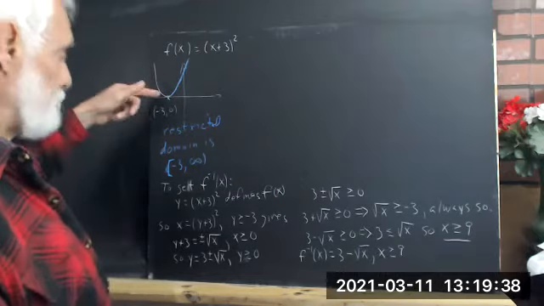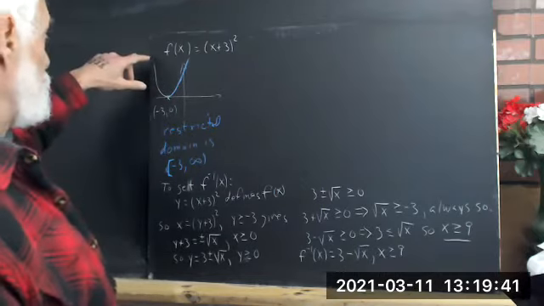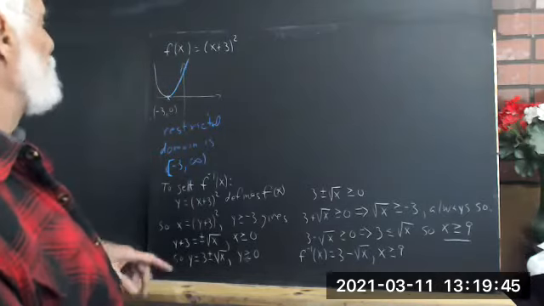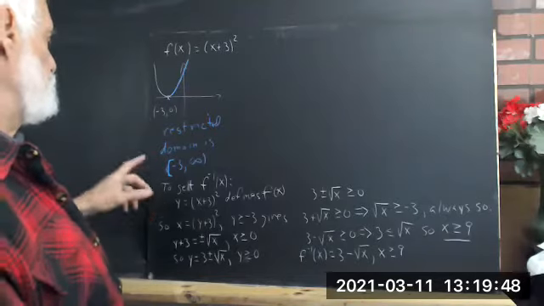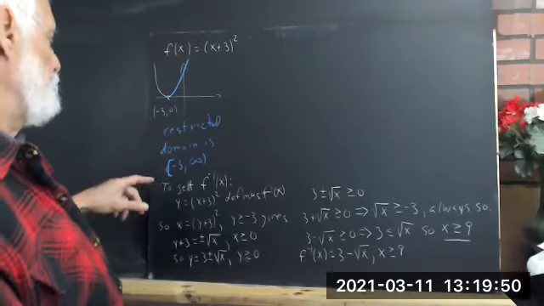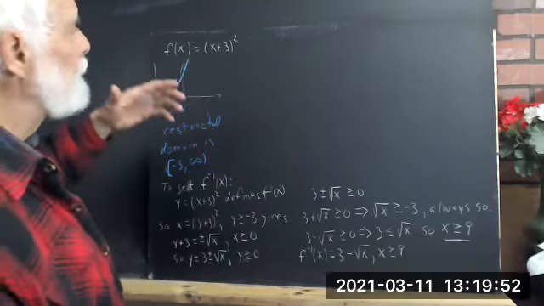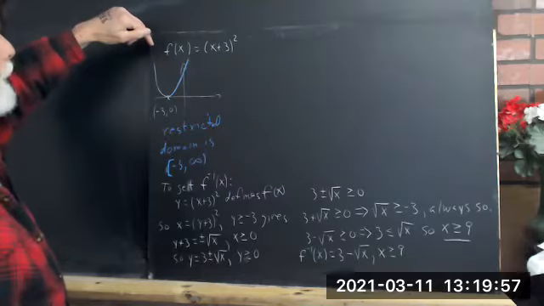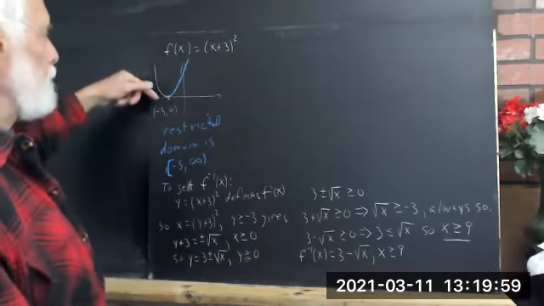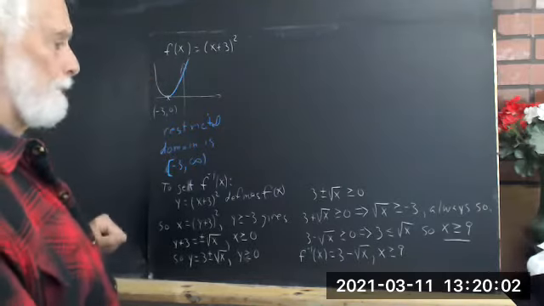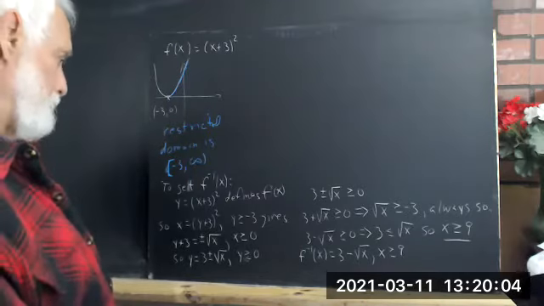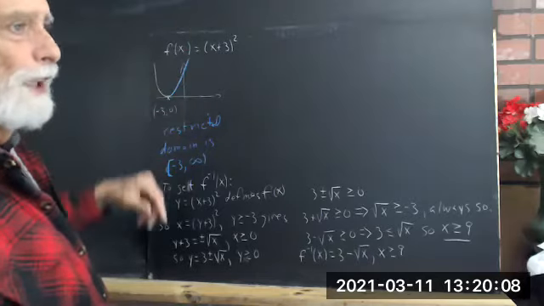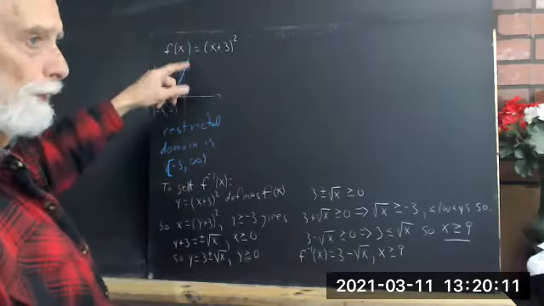Then the function would still be one-to-one, but we'd have to have some negative values. I don't want to go into that just for time. On this side, the function is decreasing, and we want the function, in this case, to be non-decreasing. So we have to choose this side.